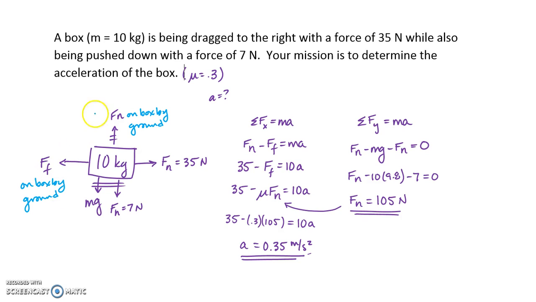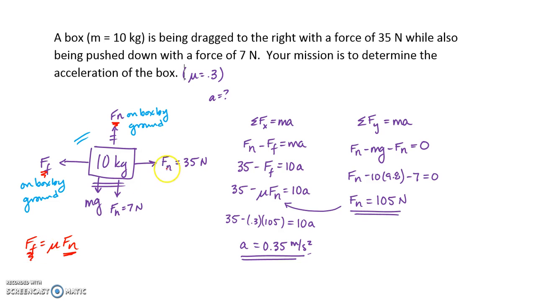So that's why these two are the ones that are linked when we're talking about calculating the force of friction, because the equation for force of friction is mu times the force normal, and this force normal is always the one that's perpendicular to the force of friction.